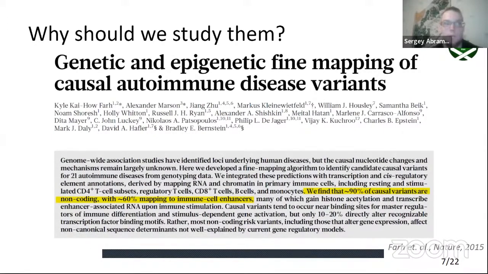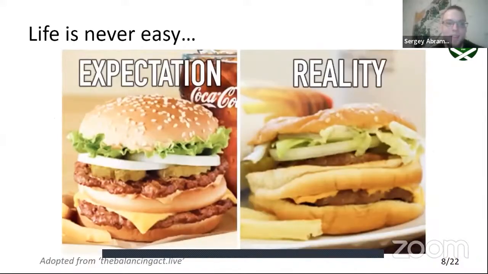So now we have the data from the GEO database. We understand what we are trying to find, and it seems like all we need is computational power and some time. However, life is never easy. There are several factors that complicate straightforward analysis of such data.